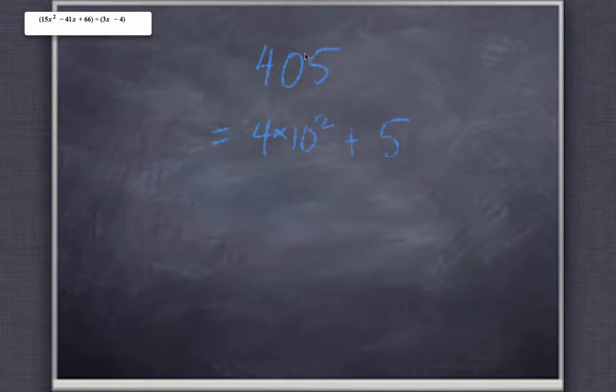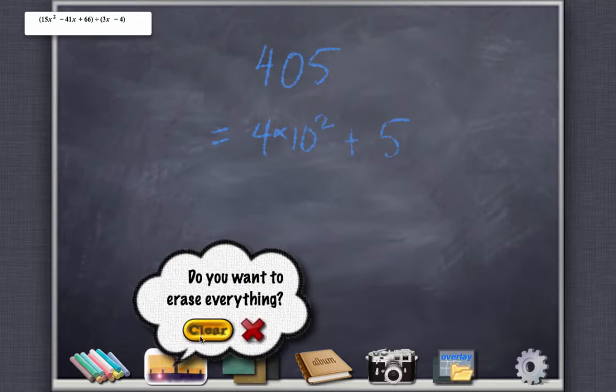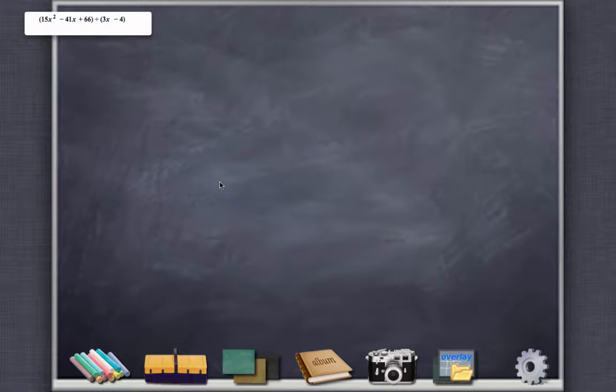But you have to put that 0 in there as a placeholder that puts 4 in its correct spot. So if you are missing any power of x, you need to put a 0 in it. So if you had no x's, you'd put 0x.